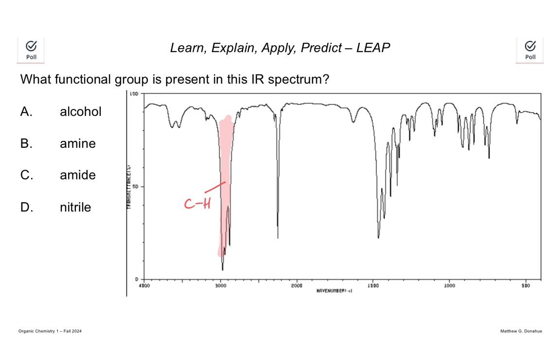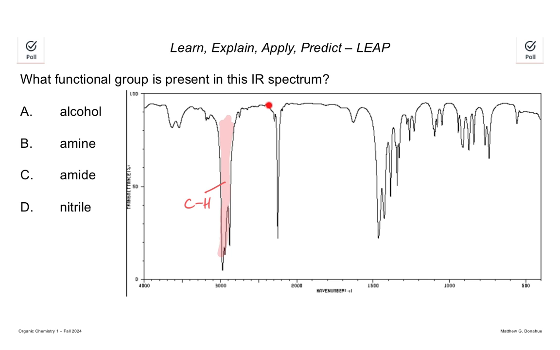That's sort of what a normal CH region looks like. So there's some CH stuff.